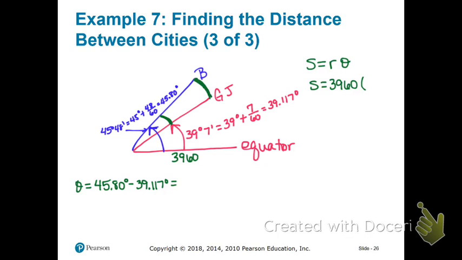And so when I subtract them, I end up with 6.683 degrees. But remember, when you're doing a word problem, it's got to be in radians. So I'm going to multiply that by pi over 180.